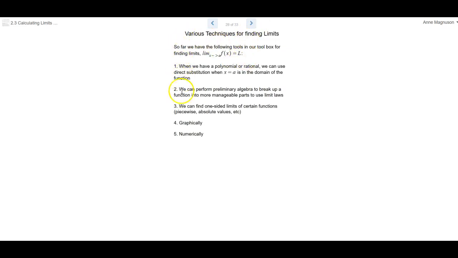This is just summarizing the various techniques we've had for finding limits. The easy case is when it's a polynomial or a rational function and x equals a is in the domain.